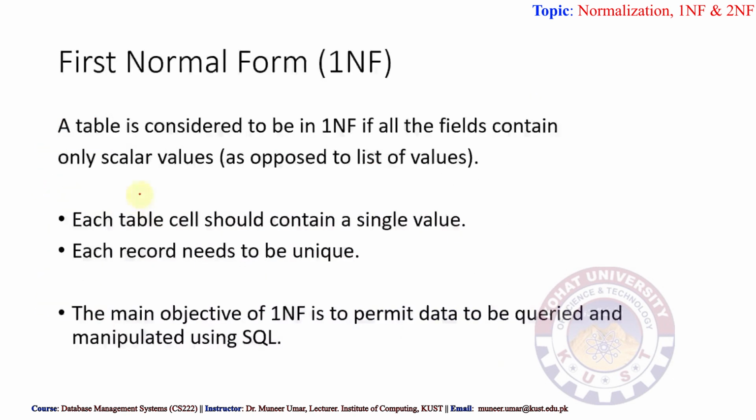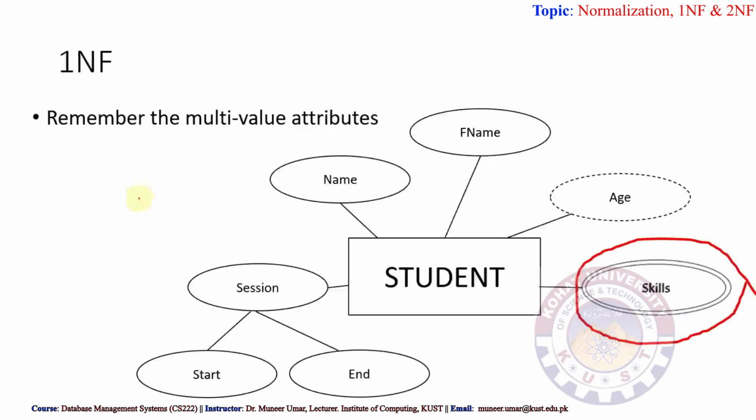So the first normal form is a normal form in which all the attributes will have atomic values, meaning that there wouldn't be any multi-value attribute. If you remember the ERD, we used multi-value attributes. Like here we have skills, so this single attribute can keep multiple values.